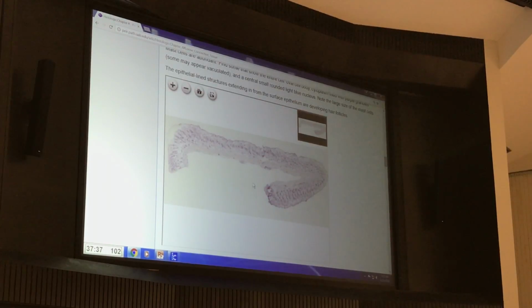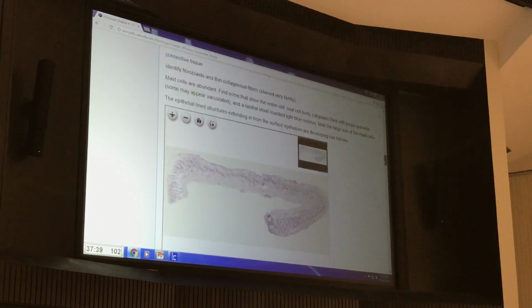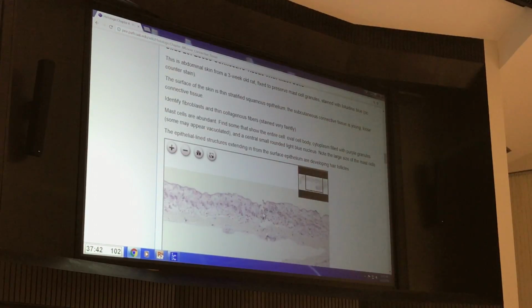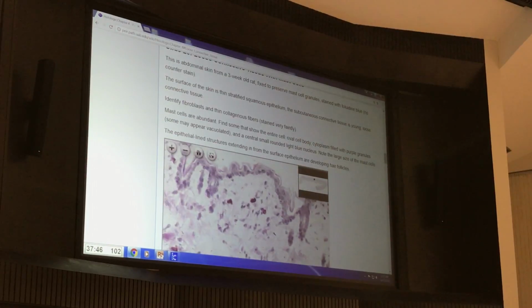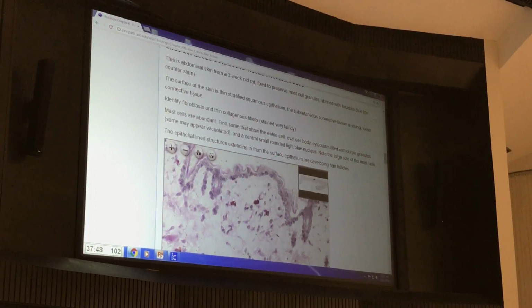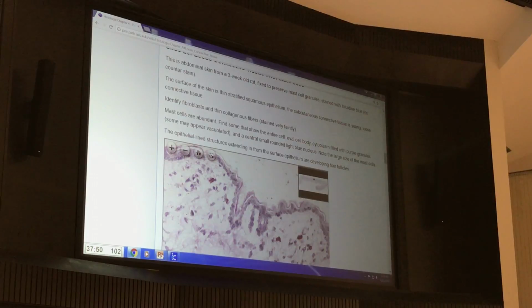Okay, here's one, and it's specifically stained for our mast cells, but I want you to see what these guys look like. And I would have to tell you they were stained, so I wouldn't ask you that. But this is skin, stratified squamous thin skin.